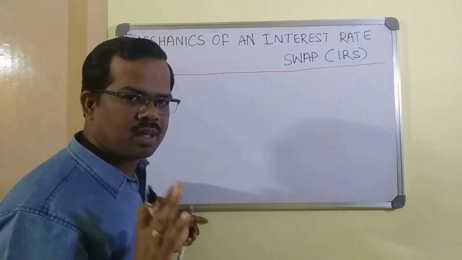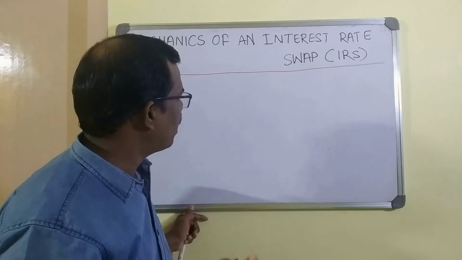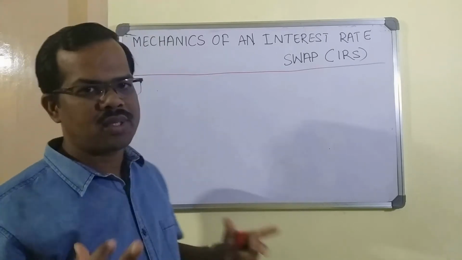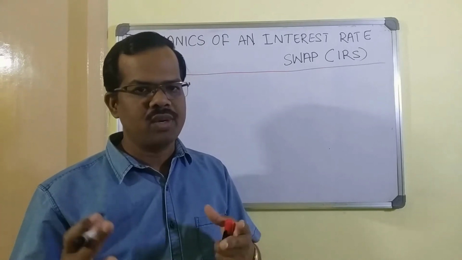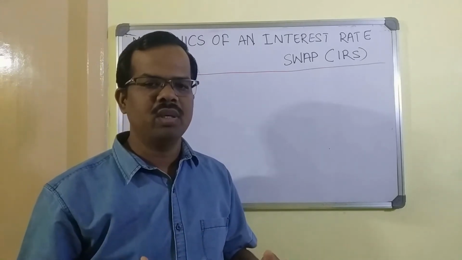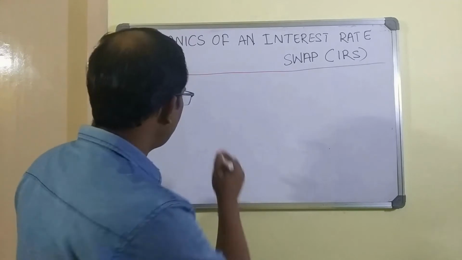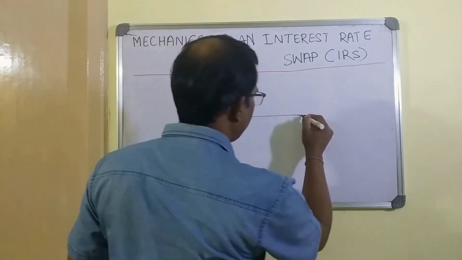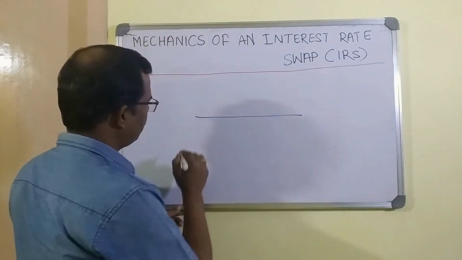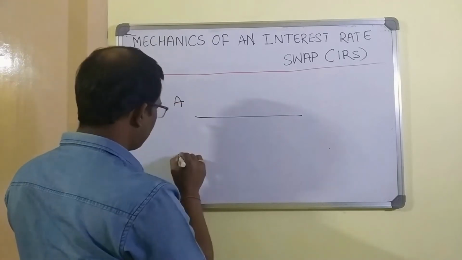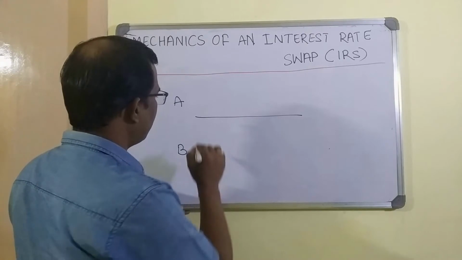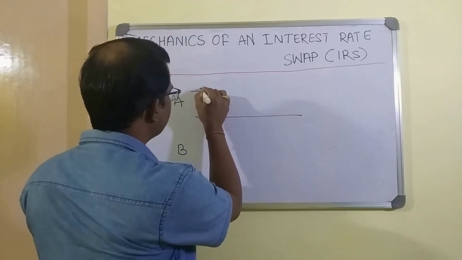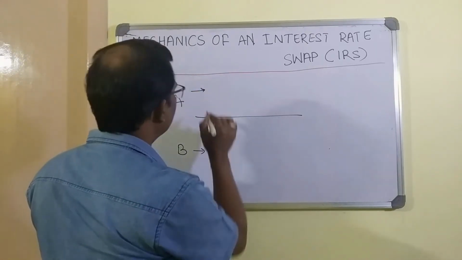In the previous session, you would have seen that in an interest rate swap, one party pays the fixed interest rate and the other party pays the floating interest rate. Now, if I plot them on a timeline and make the two parties A and B, then I can say that one party pays fixed.